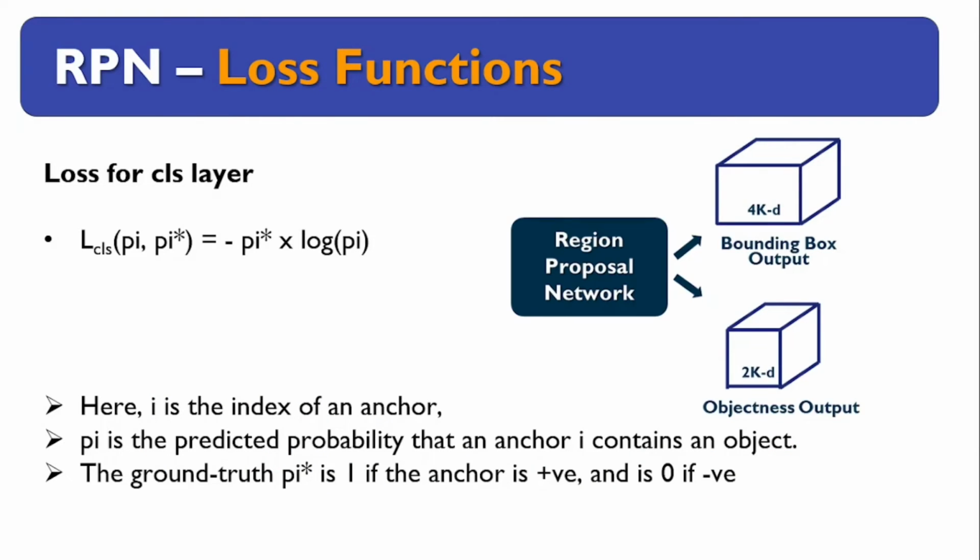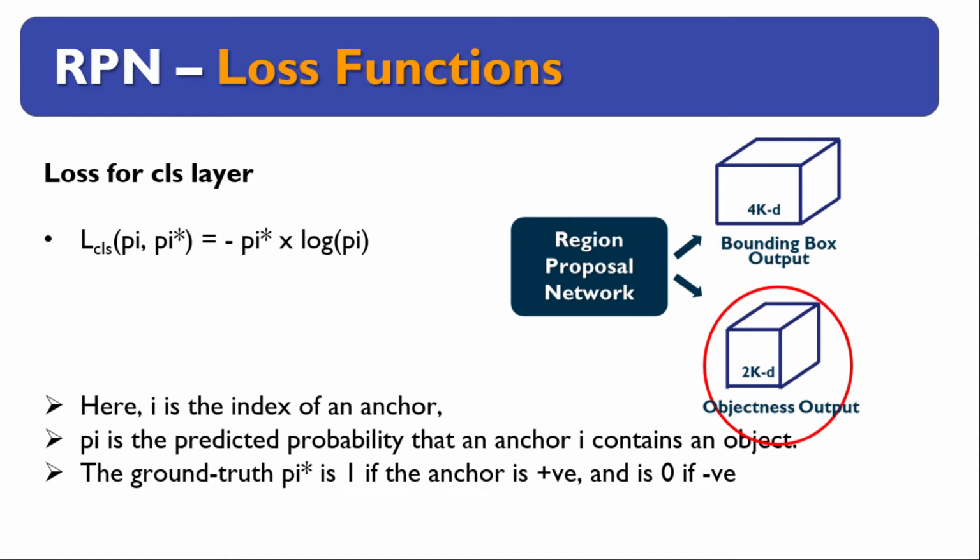Since we have two output branches, each responsible for a unique task, we have to define two different loss functions. Let us consider the first one. I mentioned that for each of the k anchors, we predict two values which represent the probability that an anchor contains an object and the probability that it does not contain an object. You might have guessed this is indeed a classification problem with two classes.